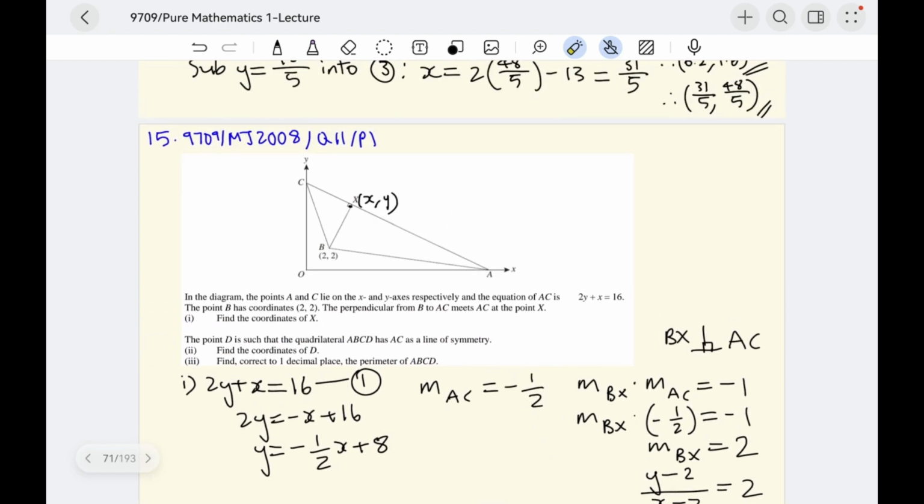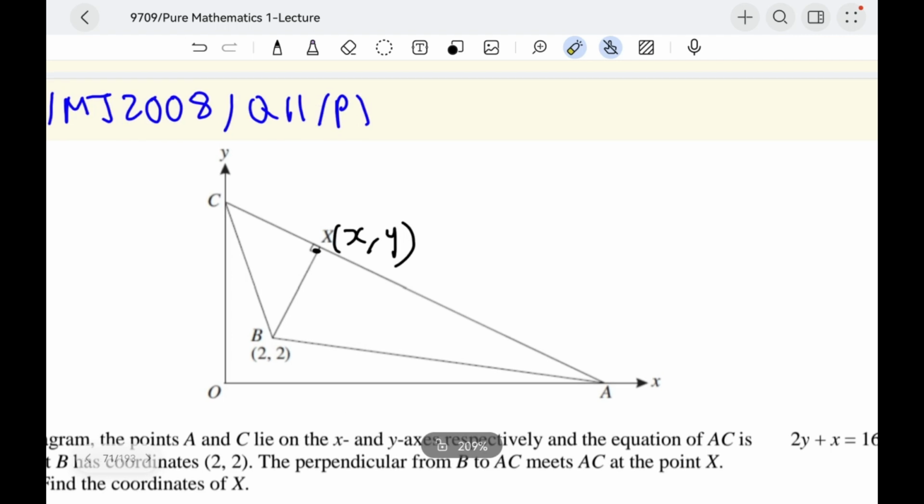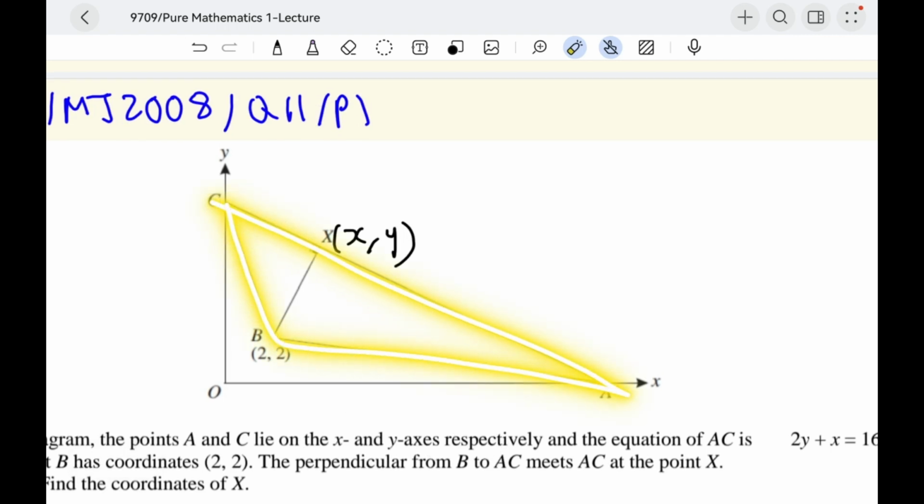The point D is such that the quadrilateral ABCD has AC as a line of symmetry. Find the coordinates of D. Okay, so what should we do over here? We have one of the triangles, right? So it means that we have another triangle.